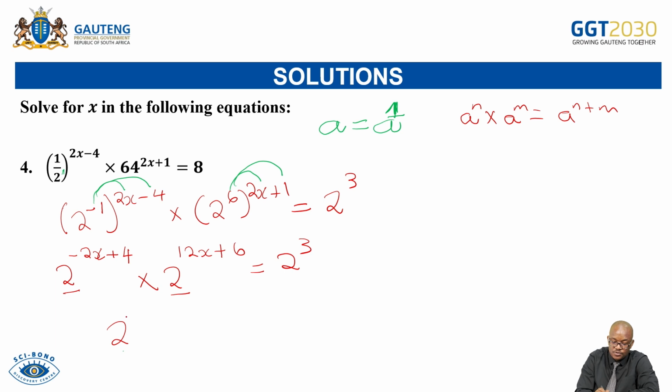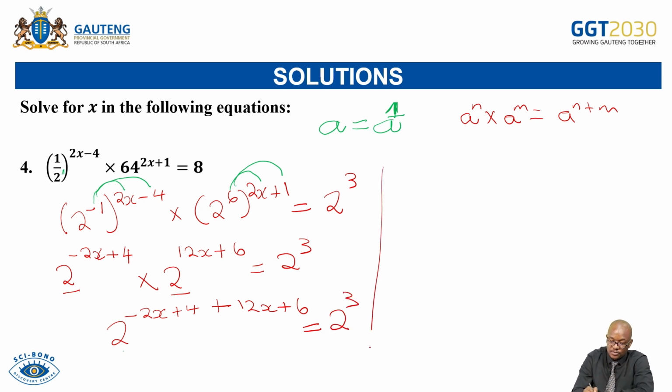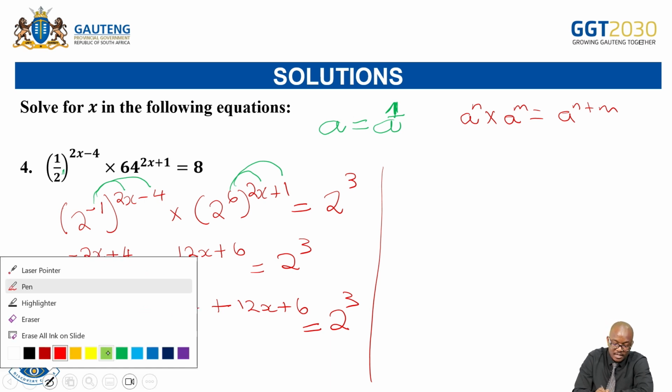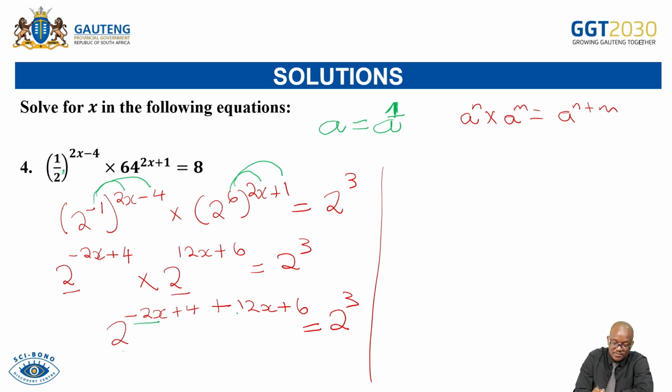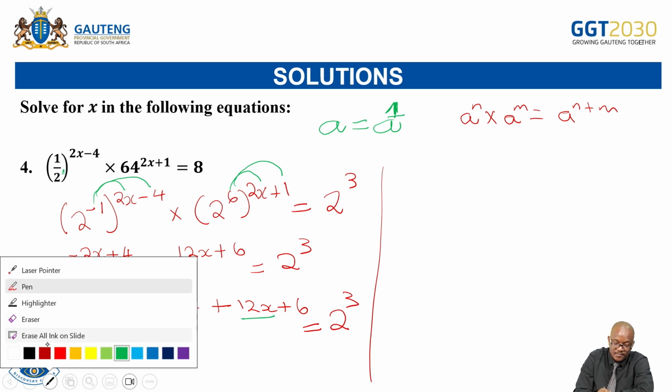Then we're going to have 2 to the negative 2x plus 4 plus 12x plus 6. It's equal to 2 to the exponent of 3. So remember here we applied the rule of the same base, we add the exponents. And we look into the like terms, those are the like terms, and then also the constant numbers are there.